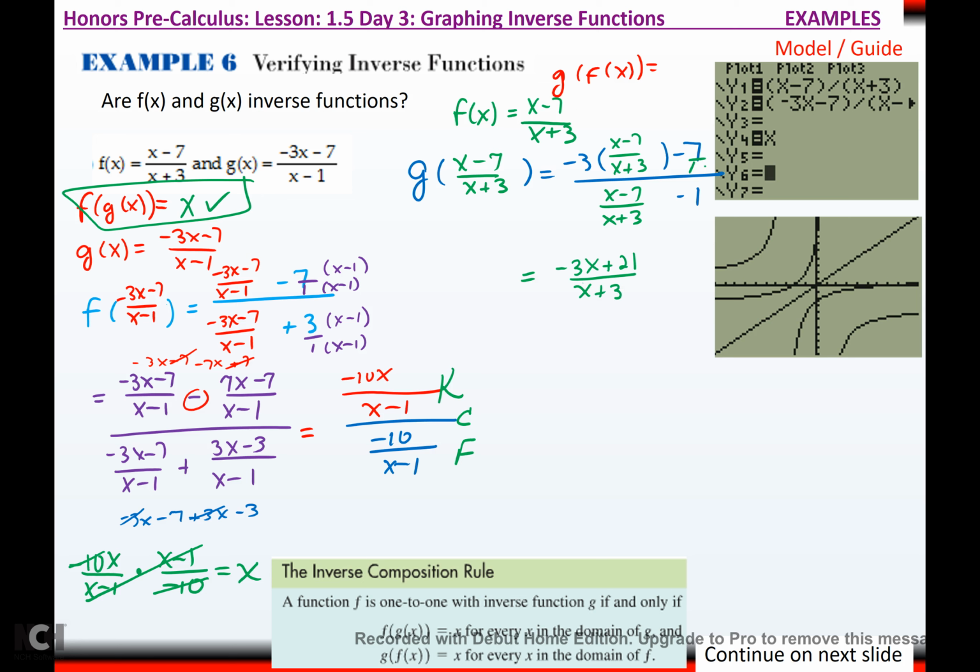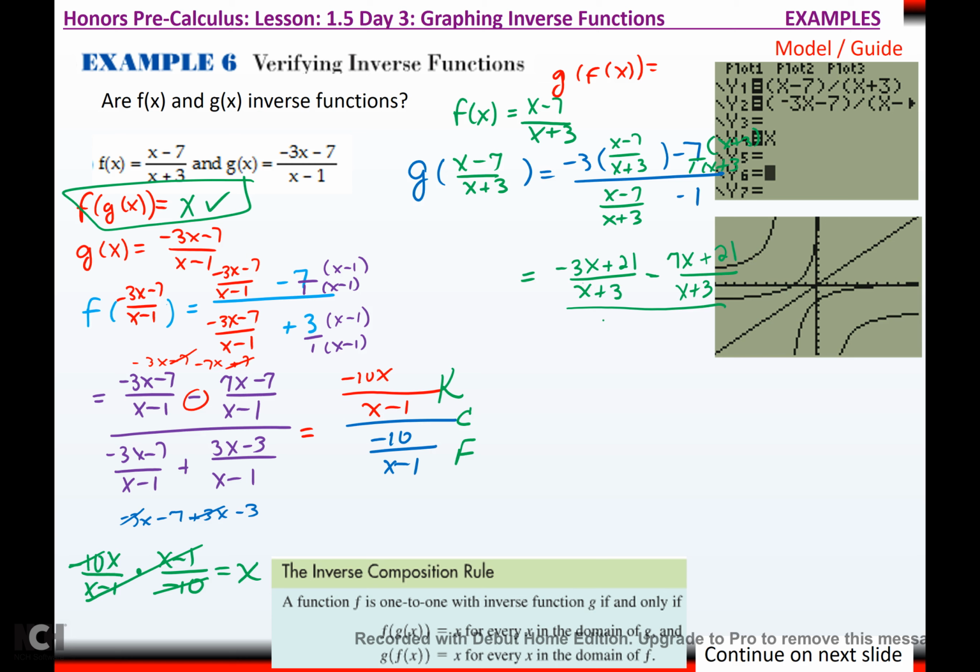I'm going to need a common denominator, which is going to be x plus 3, which is going to give me a minus 7x. What am I doing? x plus 3? Plus 3? Plus 21 over x plus 3.